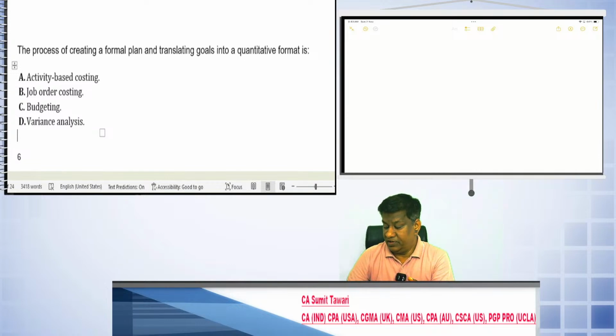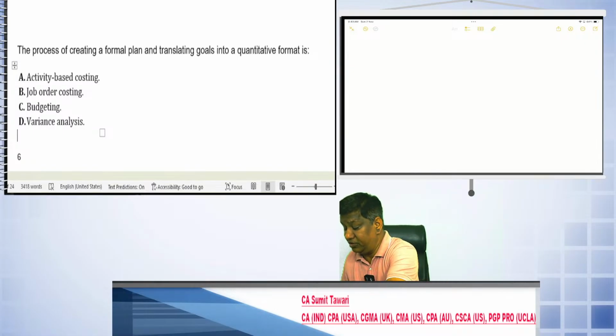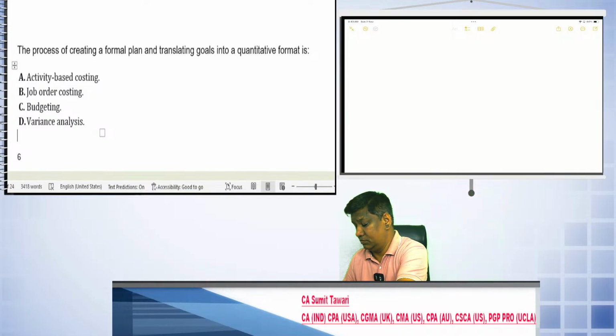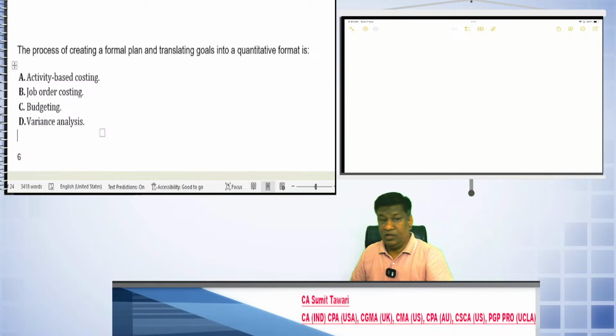Say, maintenance expenses depend on the number of breakdowns, or machine setup cost depends on how many times we start the machine.